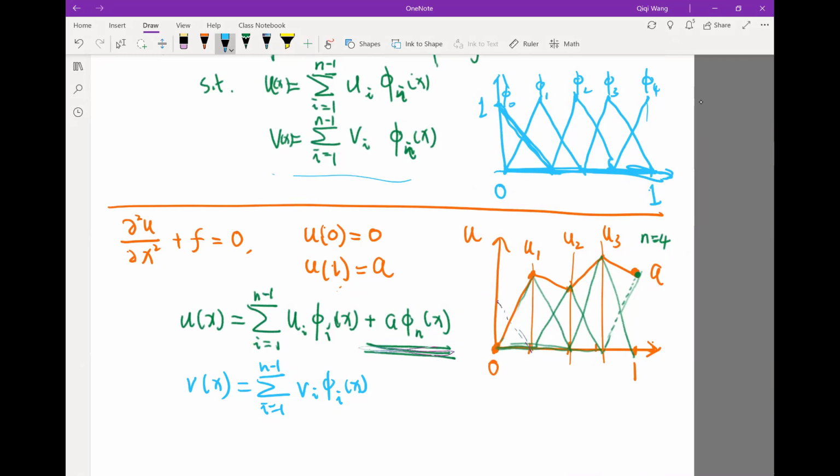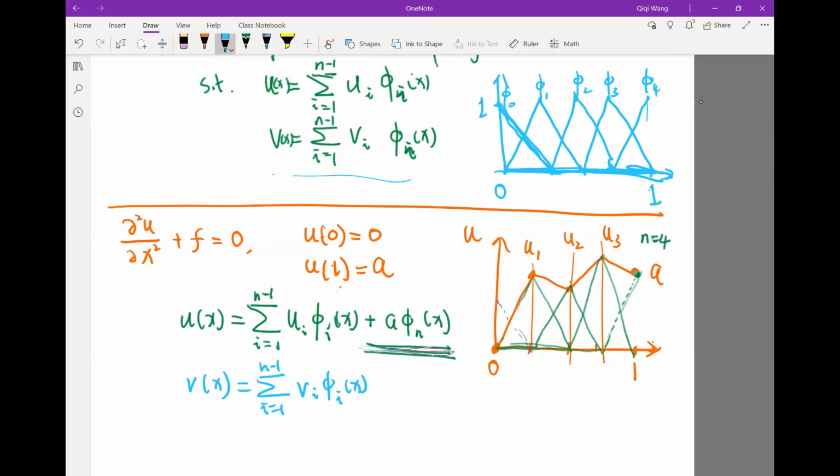A second way to think about this is that in our energy minimization derivation, the test function v is a small variation on u. If u is fixed to be the value of a at the right-hand side, then a small variation has to take the value of 0 at the right boundary.